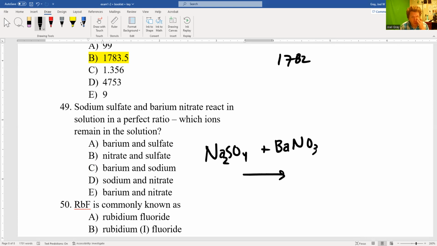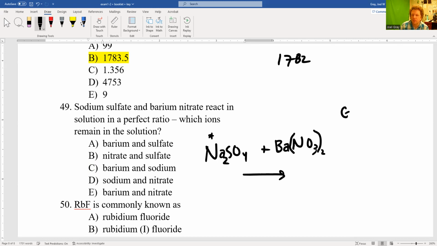Now, one thing that's worth noting is barium is in group 2 on the periodic table, so I'm going to write Ba(NO3)2. Sodium is in group 1 on the periodic table. And there are some rules that we can follow with respect to precipitation reactions.